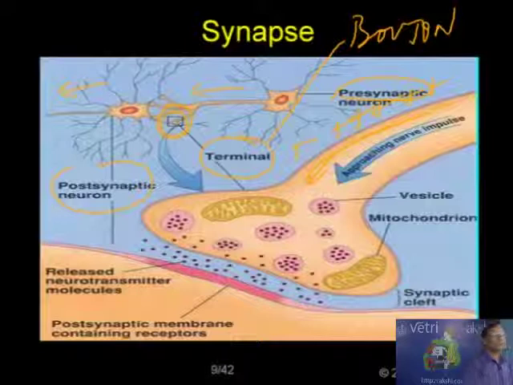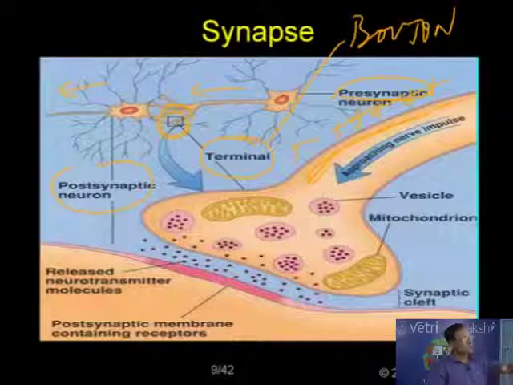We have a positive charge outside and a negative charge inside. Normally, in a polarized membrane, we have an outer positive charge and an inner negative charge. If there is any change in the charge, either from outside or inside, it is called a depolarized state. The generation of electrical impulses is by means of depolarization.